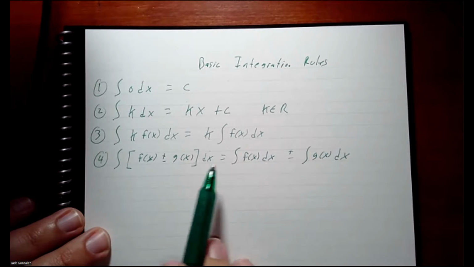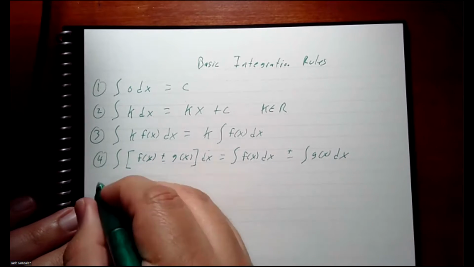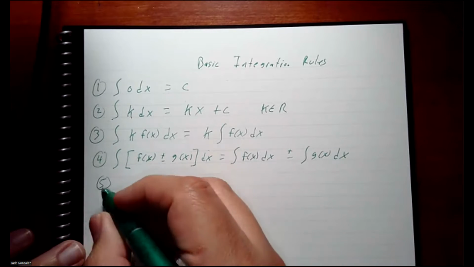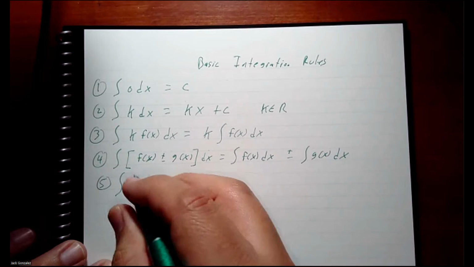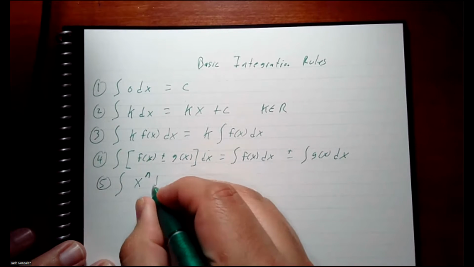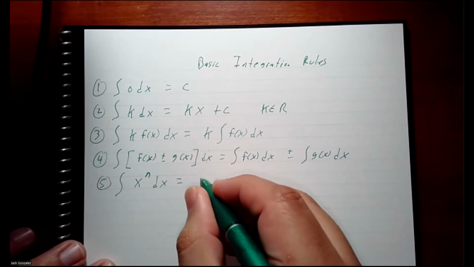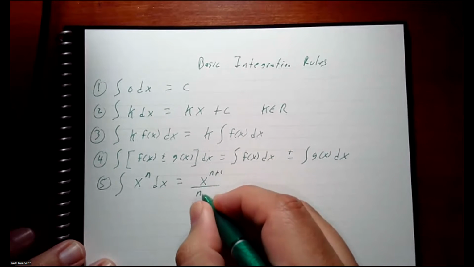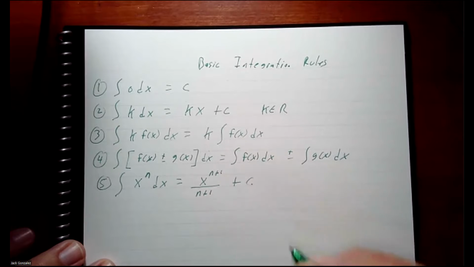So you can separate them and then do the integral separately, whether it's plus or minus. And the main one is the integral of the power function. All you do is add 1 to whatever power you have, then divide by that same result.